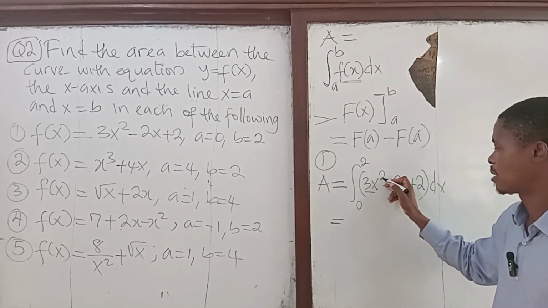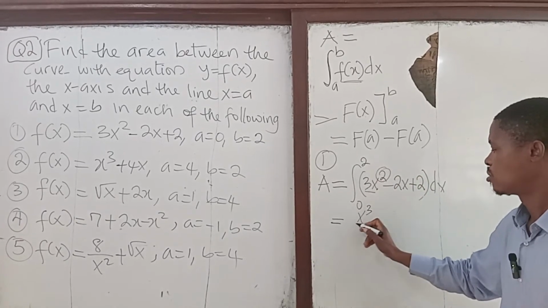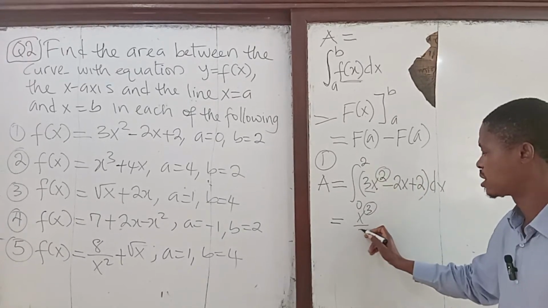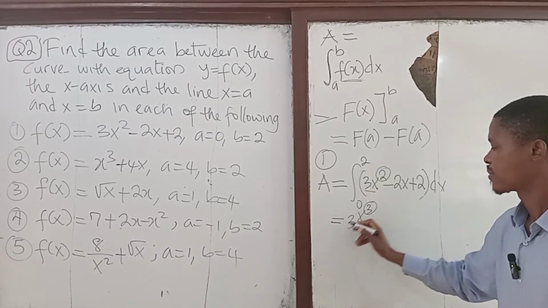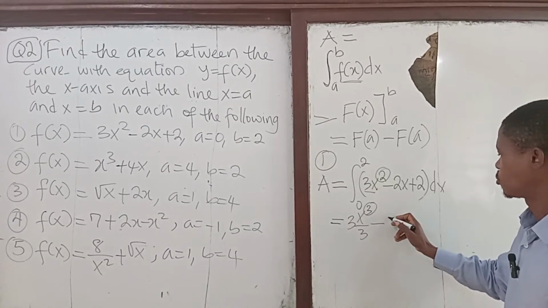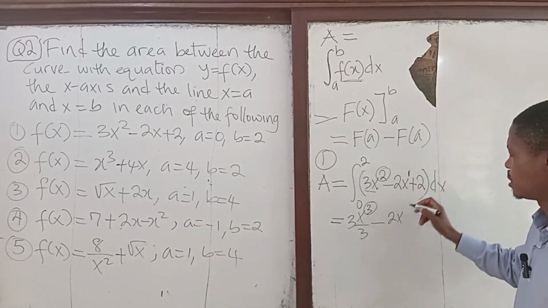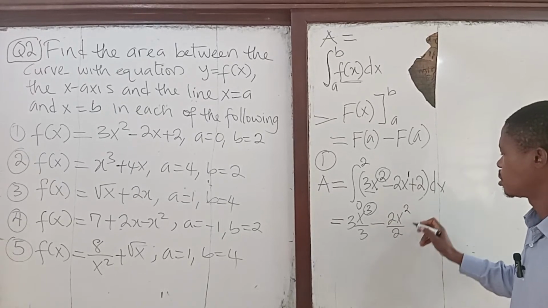So the power 2 plus 1 is x to the power 3, over 3. Don't forget your constants. And then minus 2, this is having power 1, so that will be x to the power 1 plus 1, that's x squared over 2. And then this will be what?